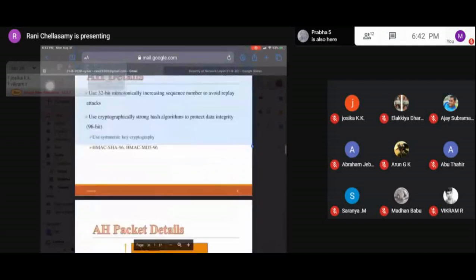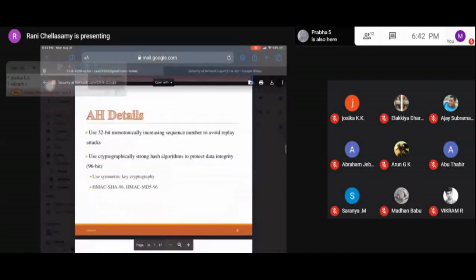The AH details: it uses a 32-bit monotonically increasing sequence number to avoid replay attacks, and it also uses strong hash algorithms. The algorithms we have seen so far are MD5, the message digest algorithm, and SHA, the secure hash algorithm.